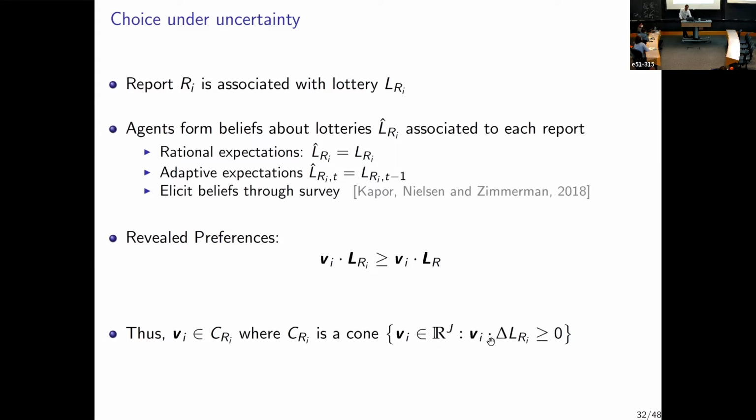So I have V times the difference of lotteries greater than 0. Now I'm going to have one of these inequalities for each possible report that I could have submitted. Notice that each of these reports gives me a half space, so I have an intersection of all these half spaces. What I end up with is a cone, a cone in utility space.